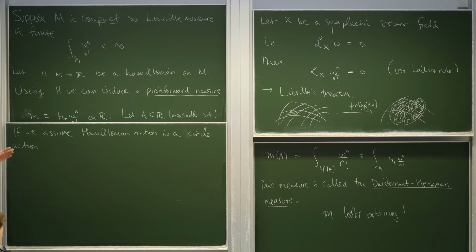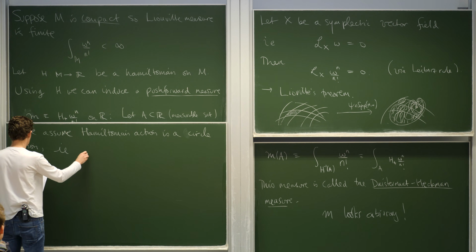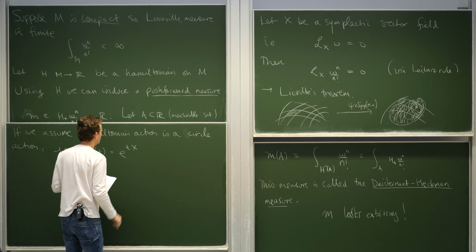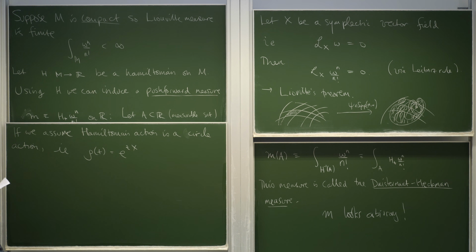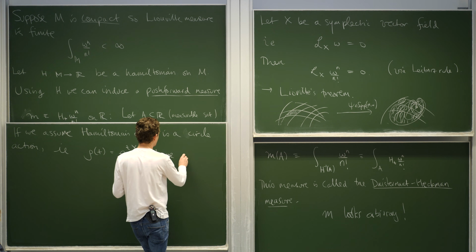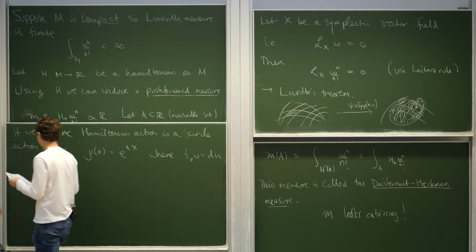So often Hamiltonian actions are circle actions. After some time, the trajectories close into circles. This is not an unreasonable assumption. It's reasonably physical. So that means that the flow generated by the vector field X, the vector field coming from H, is periodic.